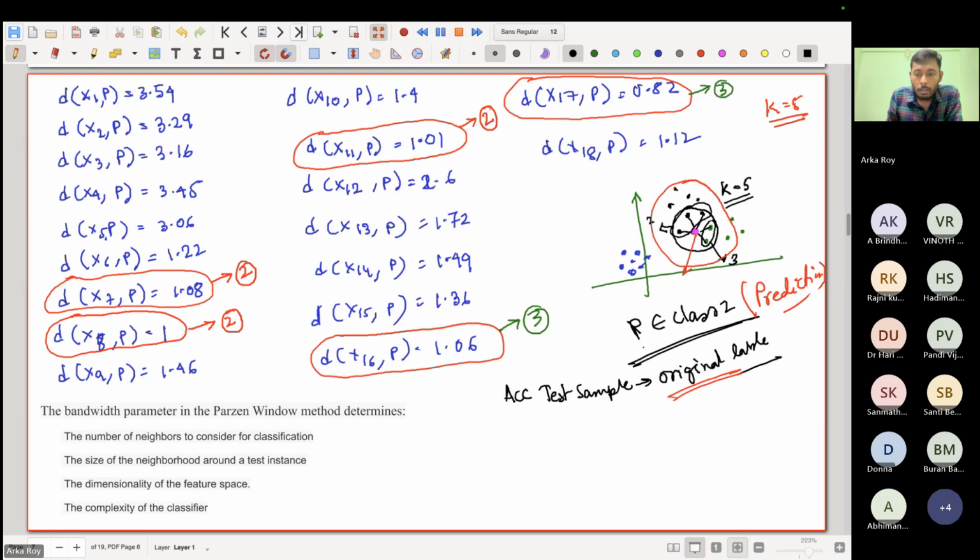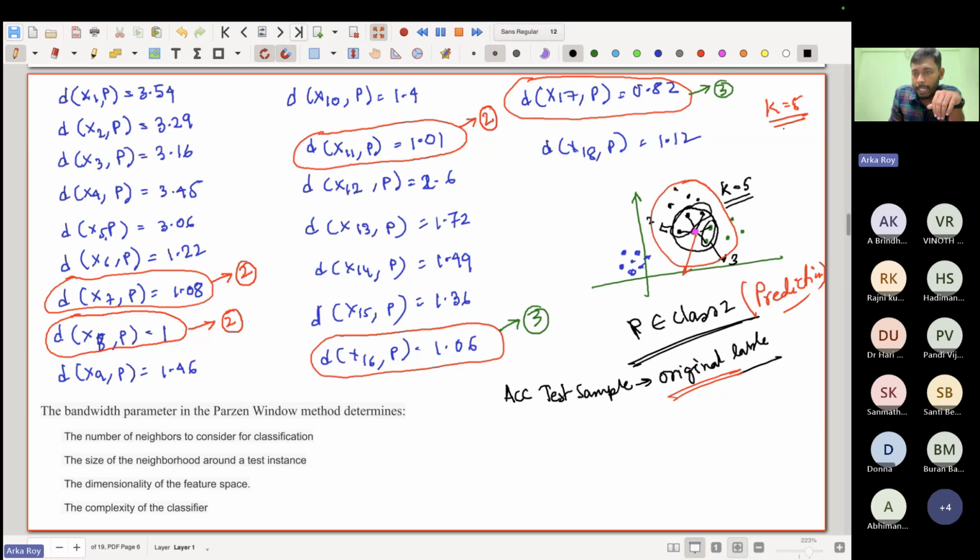Okay. So we have two techniques. One is basically the Partition window method and another is basically the KNN method, where we have the data points and we basically try to see the distance from the new data point. Now, let me ask you a question.